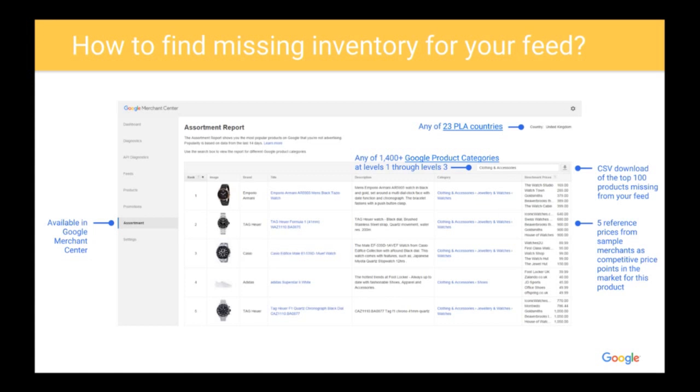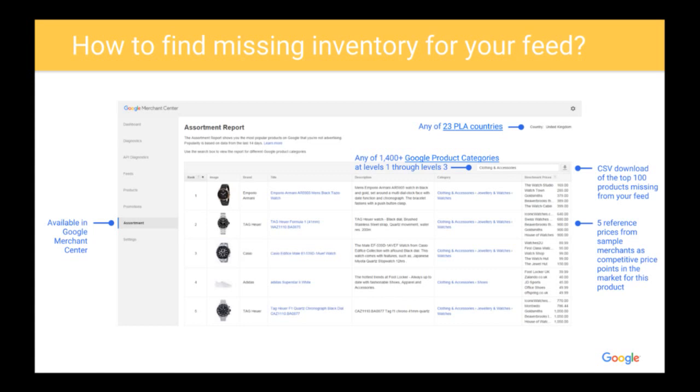Another way that you can not only maintain but improve your feed is through what we launched later last year called the Shopping Assortment Report, which is available in Merchant Center. With the Shopping Assortment Report, you can quickly discover the top 100 products that you don't already offer in your Merchant Center product feed for each Google product category.